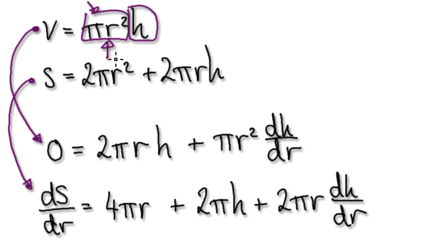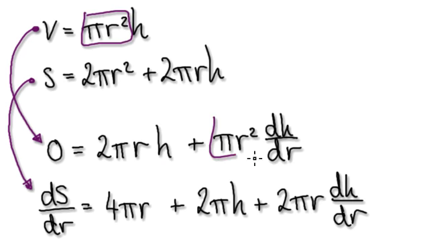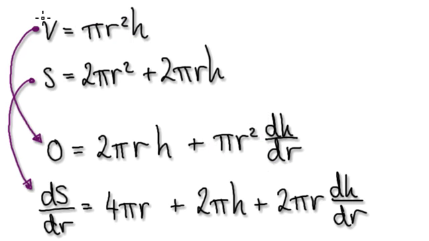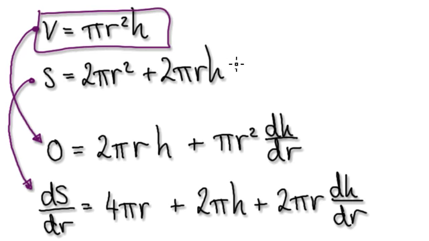So differentiating this gives you this, and leaving this the same gives you H. And then the second part of the product rule is leave this the same, and then differentiate this. That will give you dH by dR. Remember, you're differentiating with respect to R, okay? Because we are varying the radius.